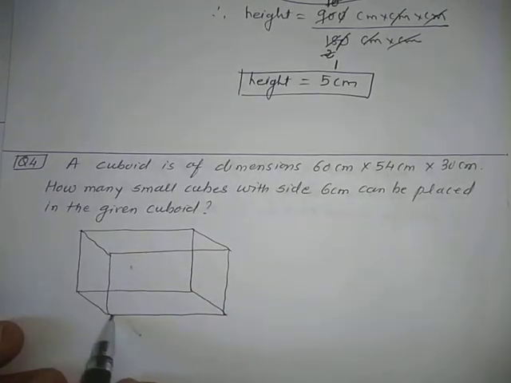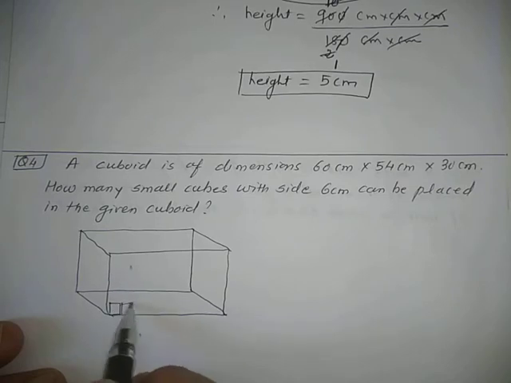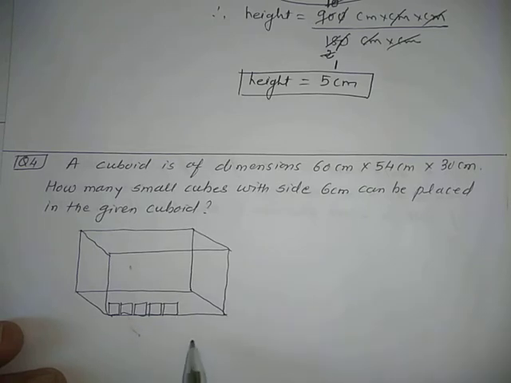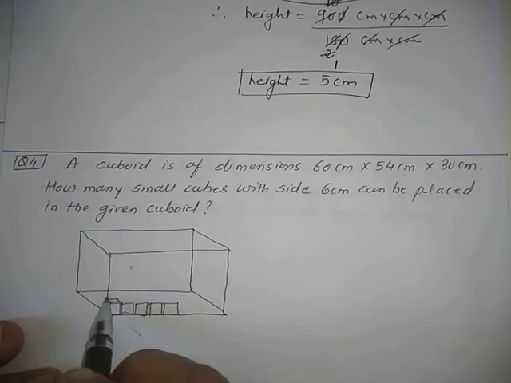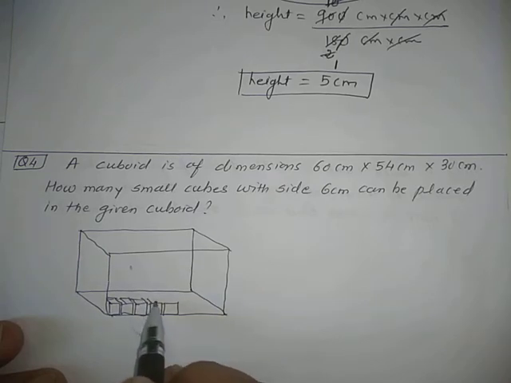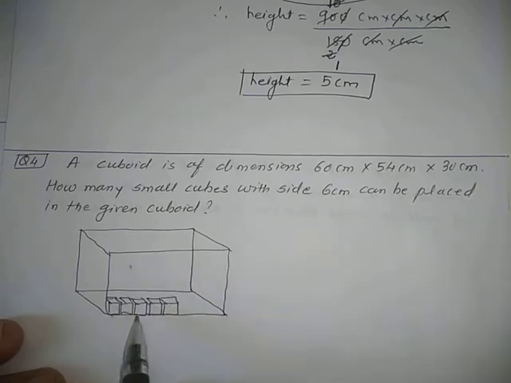Like in a big box we have to place small boxes, so many small boxes should fit. And those boxes will be in cube shape. So how many small boxes of cube shape can be placed in this?